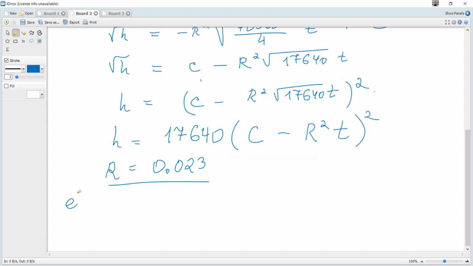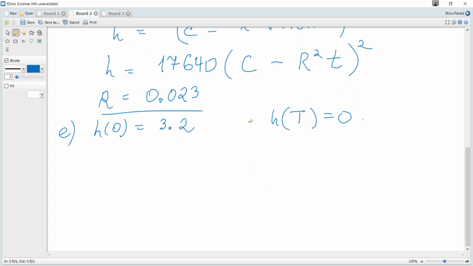And question E, use the general solution from part D and the initial condition h of 0 is 3.2 to predict the value of T. T is the time when the height h of capital T is equal to 0.